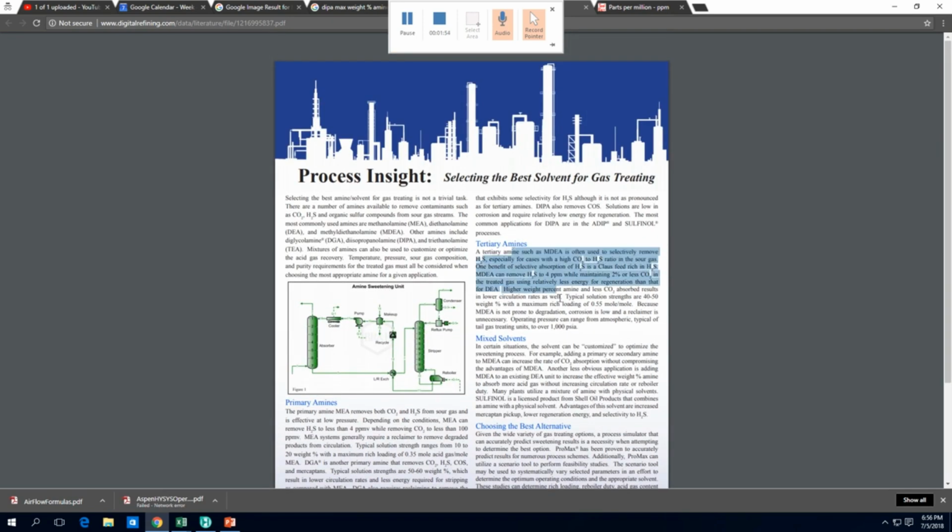And tertiary amines such as methyl diethanol amine, MDEA, can come at 50 weight percent. What's more, it says this tertiary amine, MDEA, is not prone to degradation, corrosion is low, and a reclaimer is unnecessary. So basically it's pretty good.